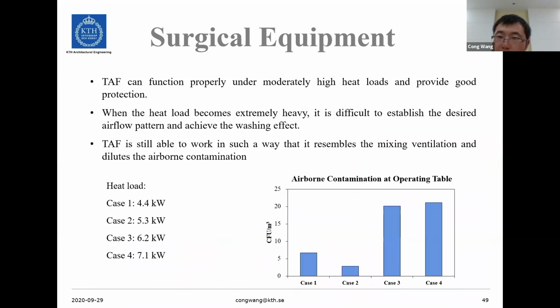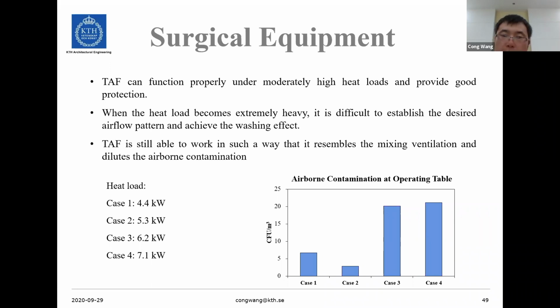So we can summarize something from this research. Temperature controlled airflow ventilation can function properly at moderately high heat load and provide good protection. This is case 1 and case 2. So up to slightly higher than 5 kilowatt, temperature controlled airflow ventilation can function properly.